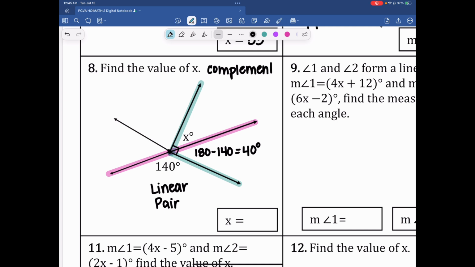And I know it's going to equal 90 because they're complementary. And I know that they're complementary because of that right angle mark in the vertex angle of those. So at this point, I can say that x plus 40 equals 90 degrees. So therefore, I'm now able to determine that x equals 50.